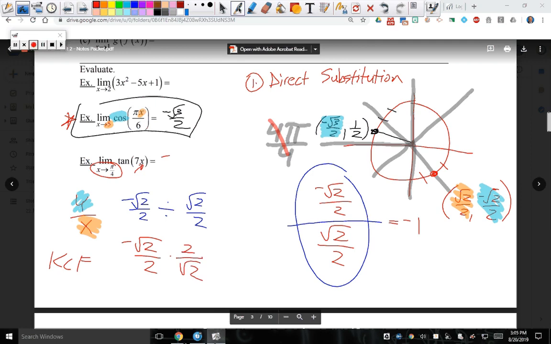And what have I been telling you you want to do as early as possible when you're multiplying? You want to what? Cancel, right? You want to cancel and reduce as much as you can to forms of 1 if you can. So 2 over 2 will reduce to 1. Root 2 over root 2 is reducing to 1. Nonetheless, the answer is negative 1.